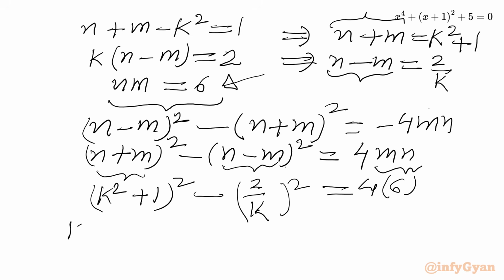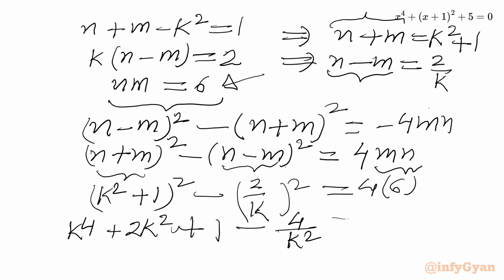Let's expand. We will get k power 4 plus 2k square plus 1 minus 2 square is 4 over k square equal to 24.